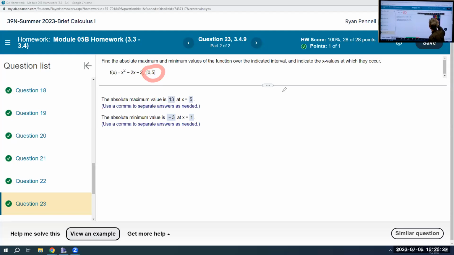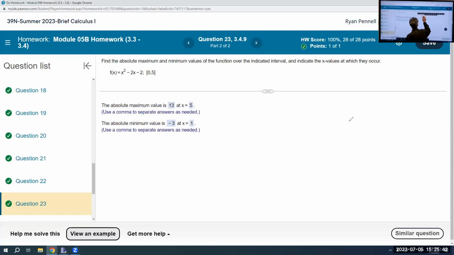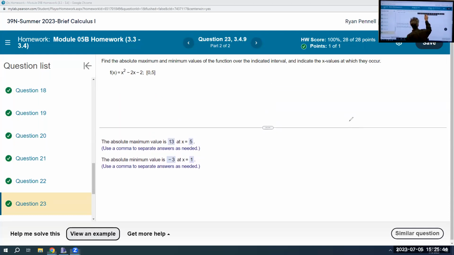All right, with the restricted domain, that means the absolute maximum, absolute minimum could occur on the restricted domain, not just because of the derivative. So that's something to keep in mind.